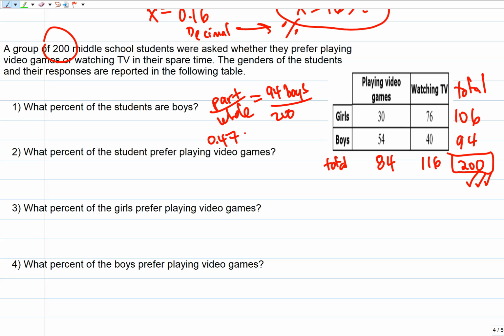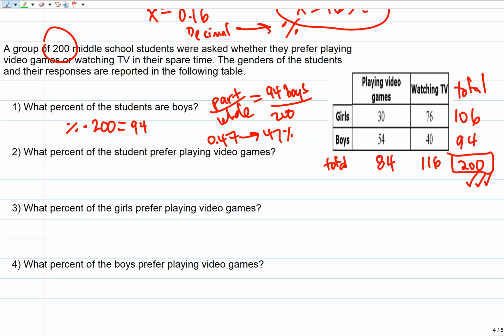That is not the percentage of students that are boys. That is what? 47%. If you'd prefer to set it up as percentage times total is equal to the part, you can solve it that way. I don't. Not when I get to these types of questions.